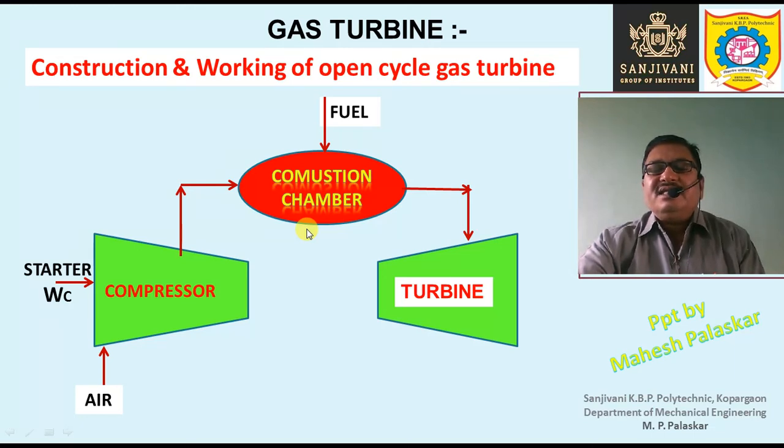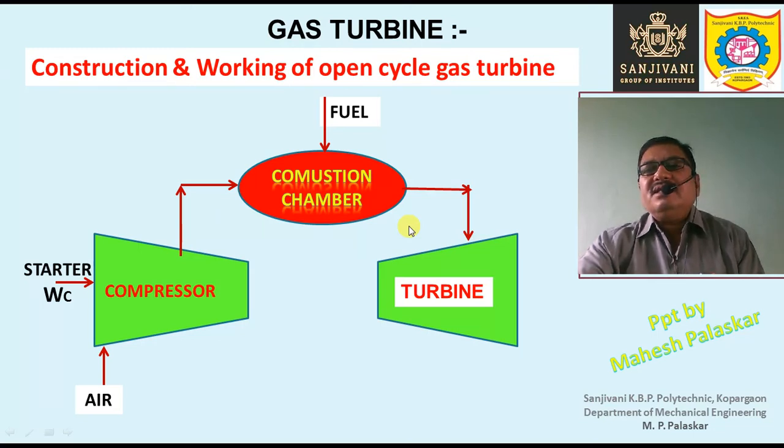So the pressure energy is converted into kinetic energy of the gases, and these gases having high kinetic energy are impinged or bombarded on the blades of the turbine, and therefore the blades of the turbine start rotating.